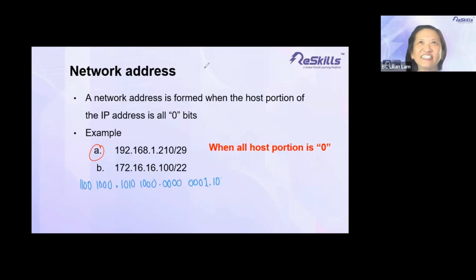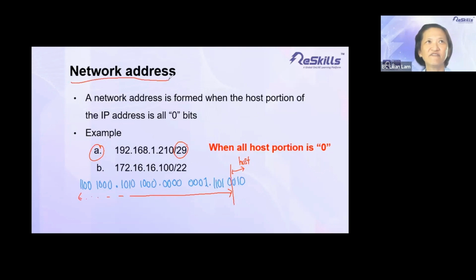Okay, thank you so much. And 1010010. Thank you. So then we have slash 29, isn't it? So we slash and count until 29 bits up to here. Count until 29 bits. The remaining 3 bits are the host.